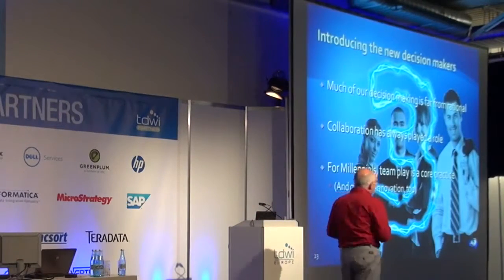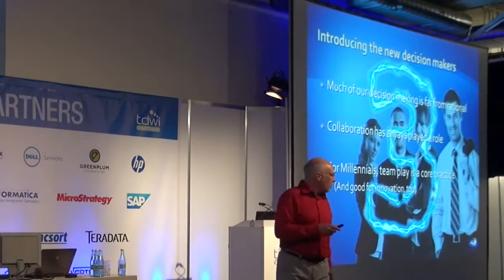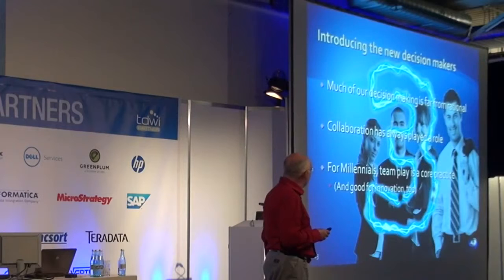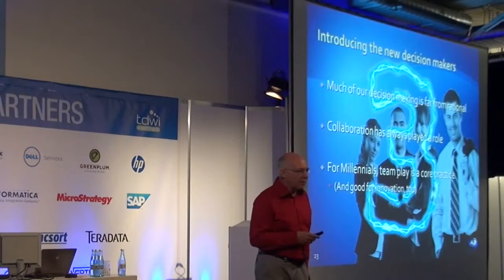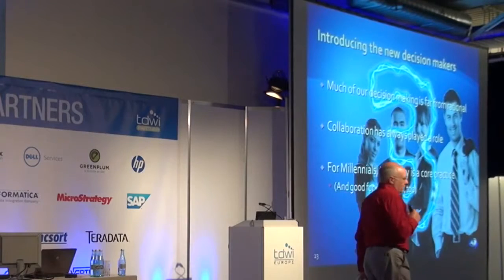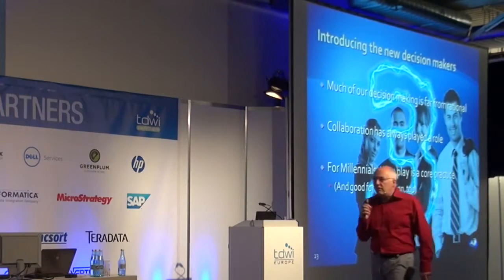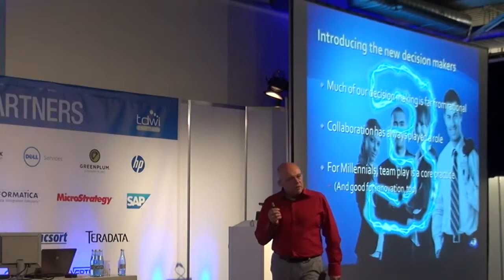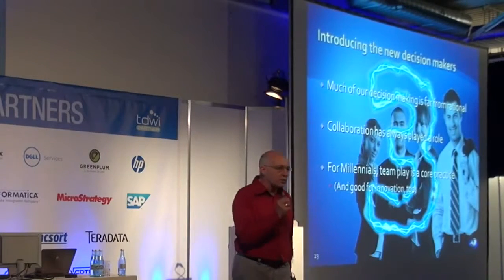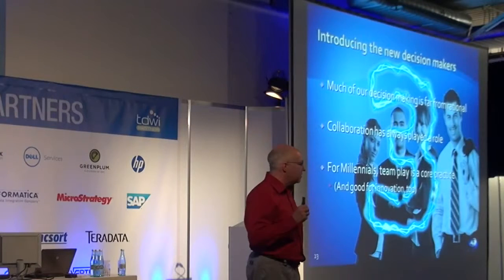And I want to introduce you to the new decision makers, the young folks, if you like, who are involved in decision making today, the people who are going to be managers of the future. And as I think about these people, I want to remind you that much of our decision making is far from rational. If you start looking at the decisions that are made in your organizations, I want you to sit down and actually look at them, even the ones that have come out of BI systems.